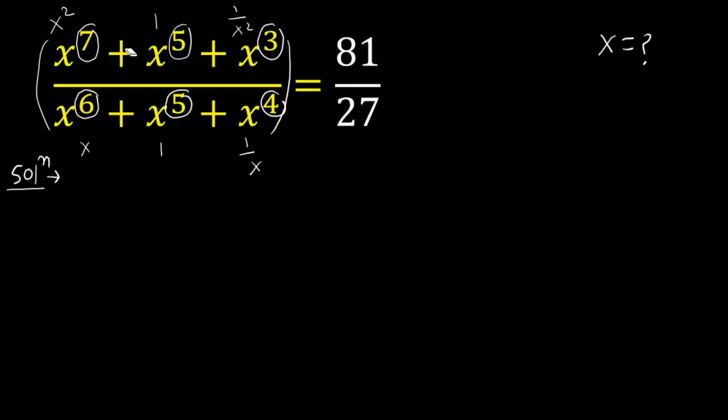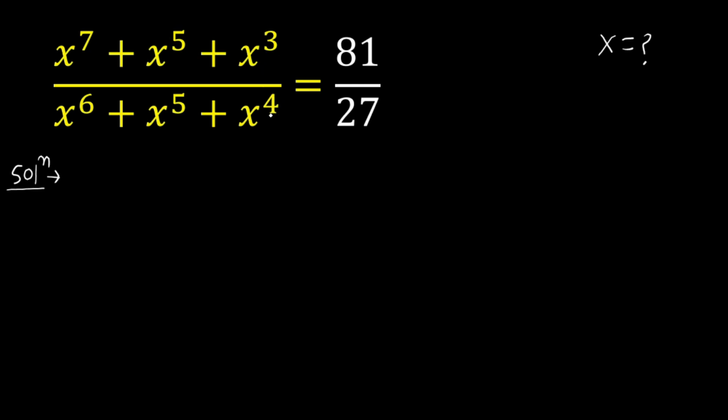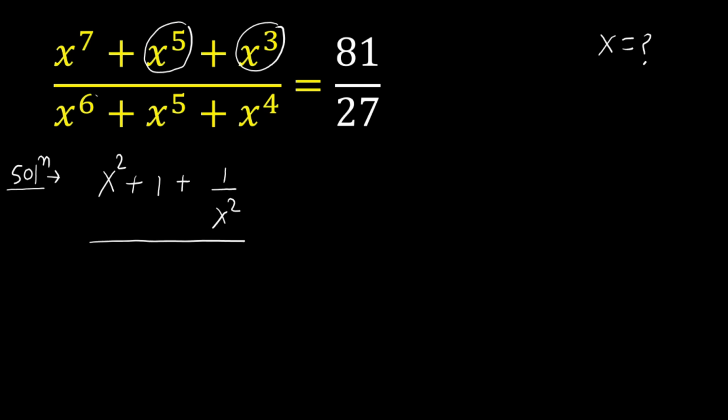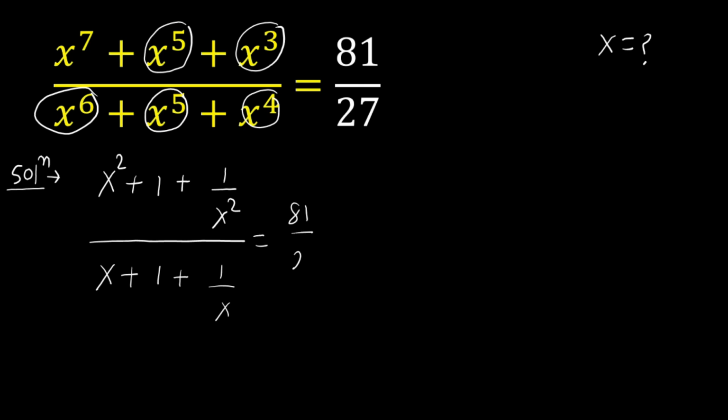So if we divide the numerator and denominator by x^5, then x^7 divided by x^5 gives x^2, x^5 divided by x^5 gives 1, and x^3 divided by x^5 gives 1 over x^2. And x^6 divided by x^5 gives x, x^5 divided by x^5 gives 1, and x^4 divided by x^5 gives 1 over x, and this is equal to 81 divided by 27.